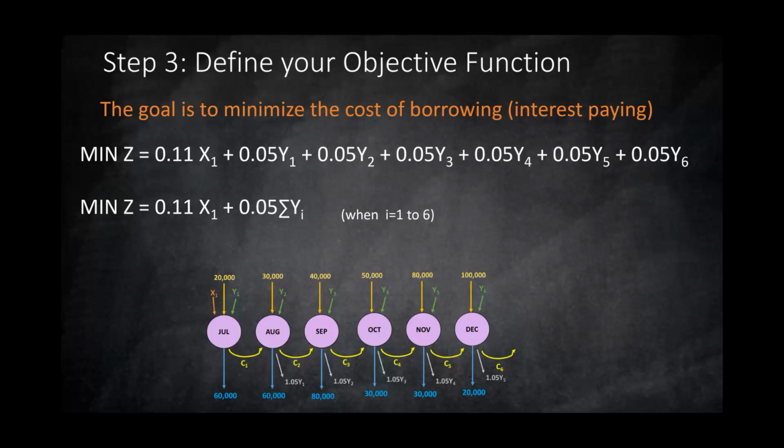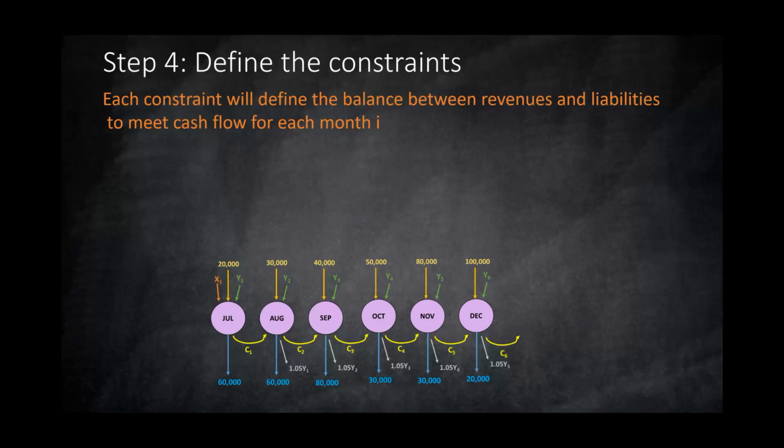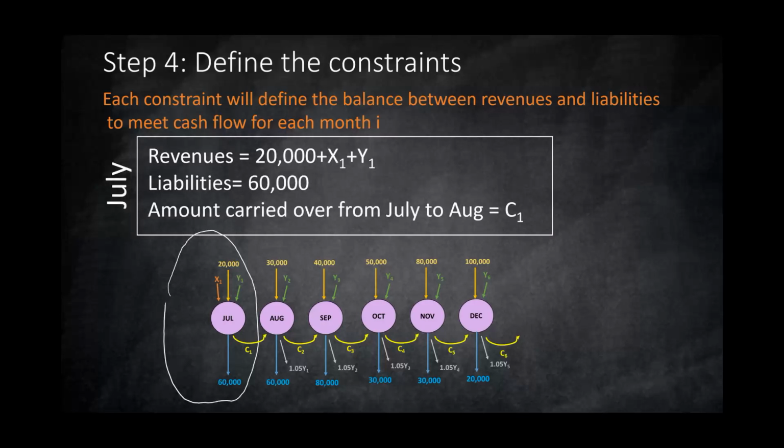The next step will be to define the constraints. Now, the constraints will be the balance between revenues and liabilities to meet the cash flow for each month I. For example, if we look at July, we see that our revenues are 20,000 plus the amount from the loan that we're taking, X1, and the amount of loan Y1.